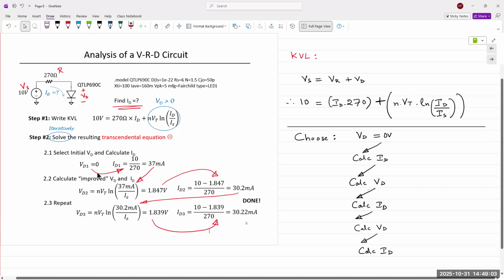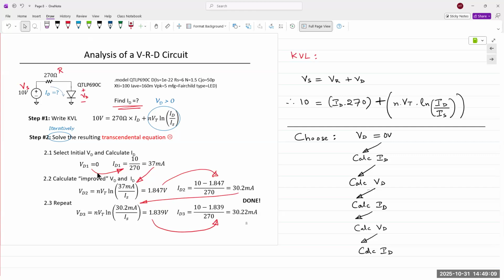And so we can keep going until we are satisfied with the results. I would urge students to actually take the same equation, create a MATLAB or Excel file or something, and just keep doing it and see how far you can go until it matches up to like 3, 4, 5, 6 decimal places. It's a good exercise. Okay.